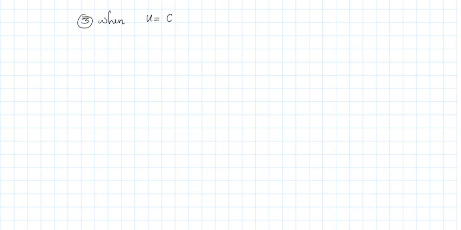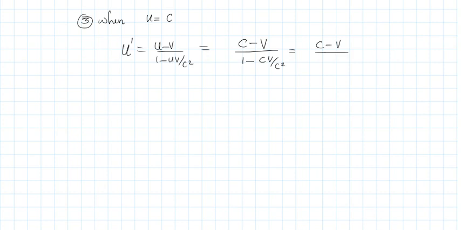What is the difference in velocity? So in place of the particle velocity, we take u equal to c. Then what is u prime? u prime is u minus v divided by 1 minus uv by c square. That becomes c minus v divided by 1 minus cv by c square. That is c minus v divided by 1 minus v by c, so that is c minus v divided by c minus v by c.